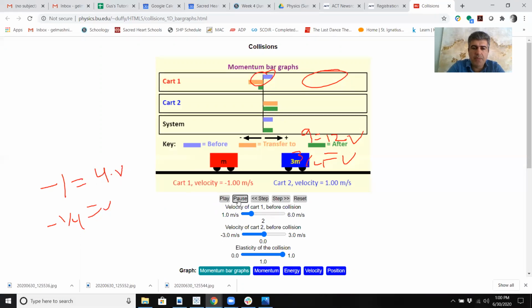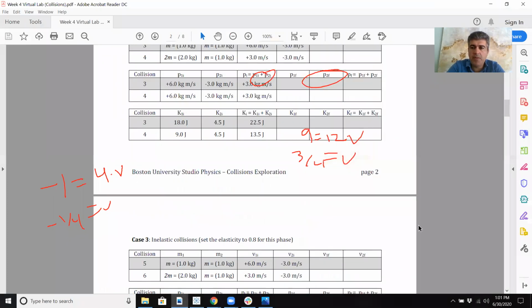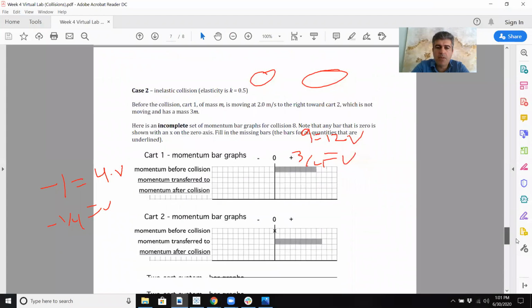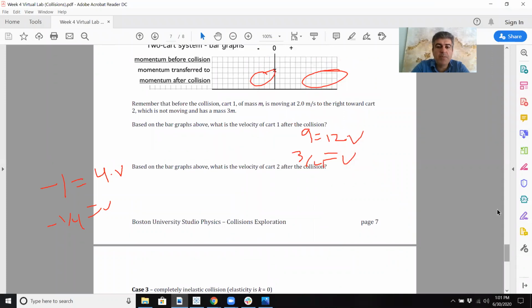Actually, oops, the elasticity was 0.5, my bad. Let's try again. There we go. So that's what we notice happens. Then going back to my images.